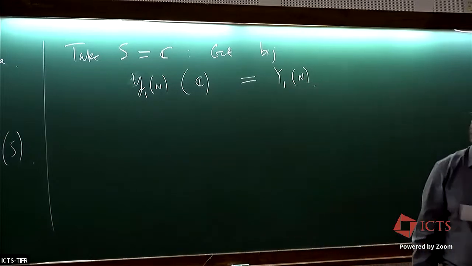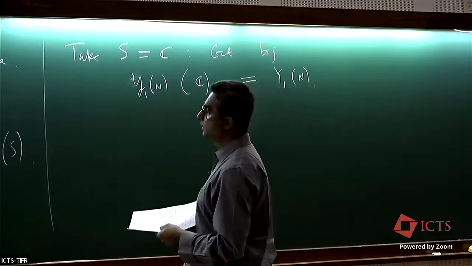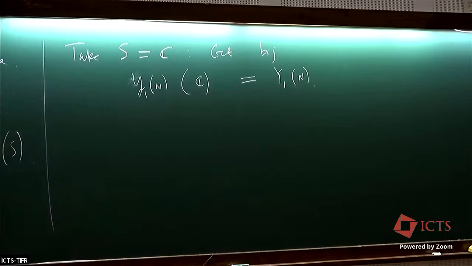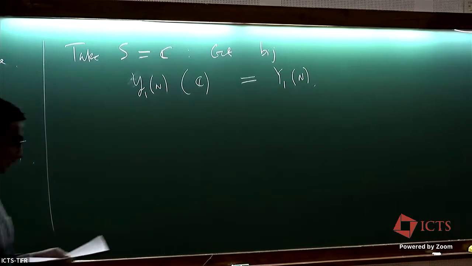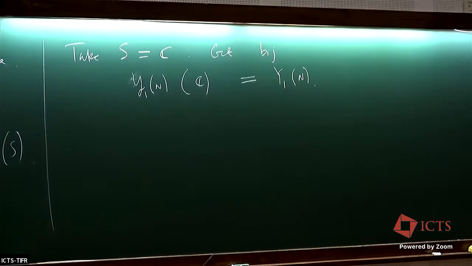Plugging in S equals C, you get this. It's just the elliptic curves and points of order n over the complex numbers, which we just did, up to isomorphism. I should have written that, but I forgot to say it.